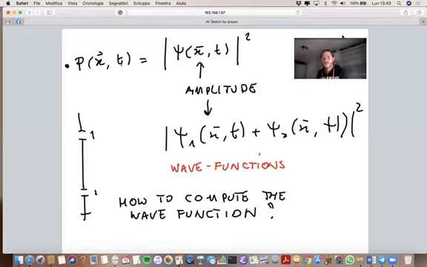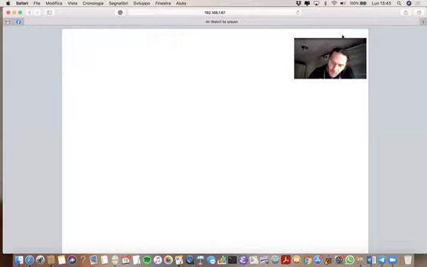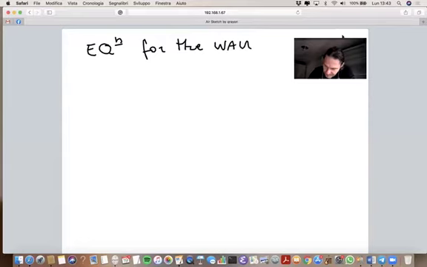So what do we want this wave function to describe? Well, first of all, we want to describe wave propagation. So essentially, what we need to find is an equation for the wave function. And again, this is no proof. It's just an educated guess.